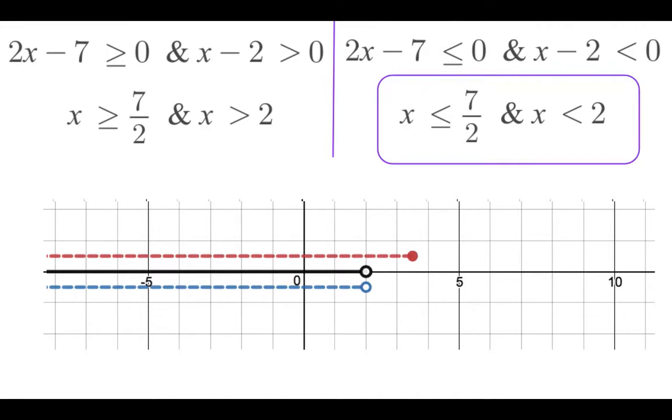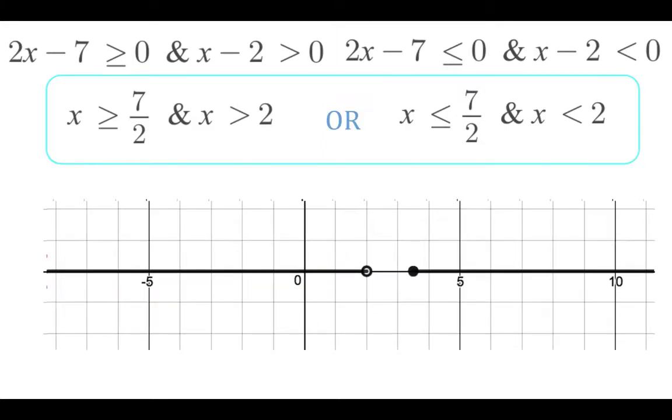So now remember that though these "and"s represent intersections where they both overlap, either of those two things could be true. I could have a positive numerator with a positive denominator, or I could have a negative numerator with a negative denominator. Either of those options is fine. So that's an "or" situation, and that's what we would make a union. So now I have a union of these two pieces.